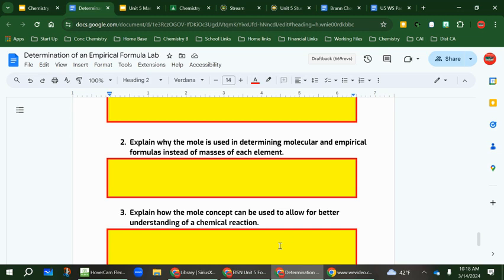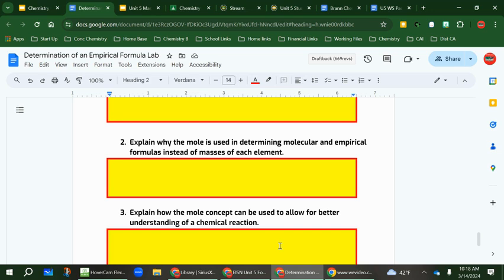Specific amount is specified for a certain... Is that what I put?